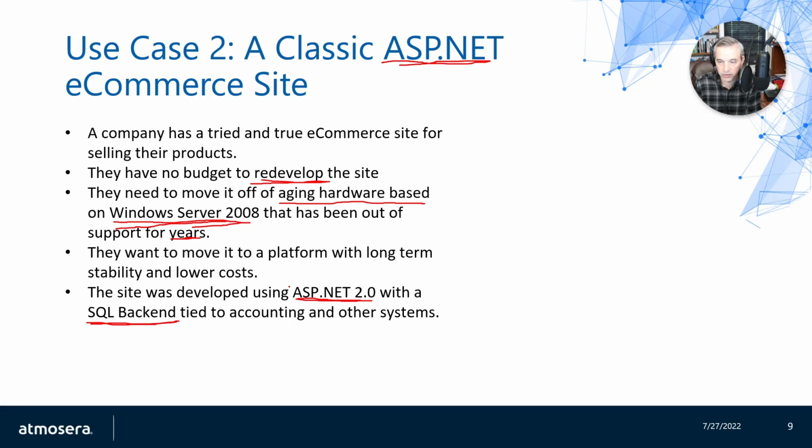The site is old, but fortunately, the offerings on Azure will allow this to run because the SQL backend is on Azure SQL, which allows me to use older style databases in a modern platform as a service offering.